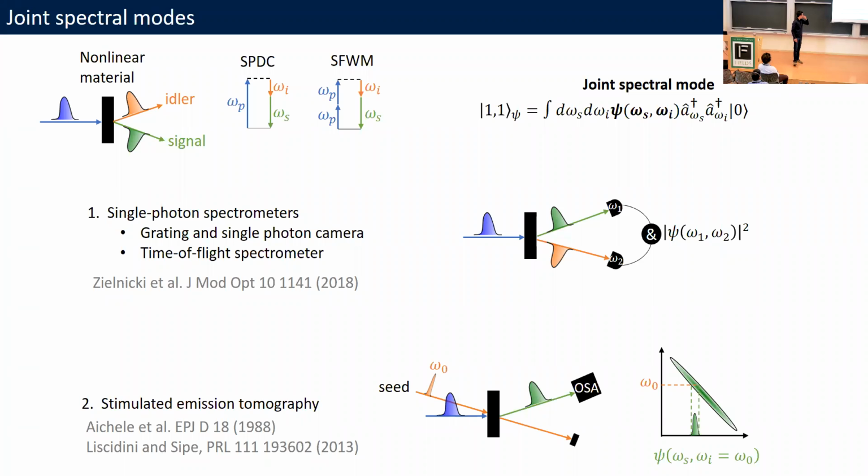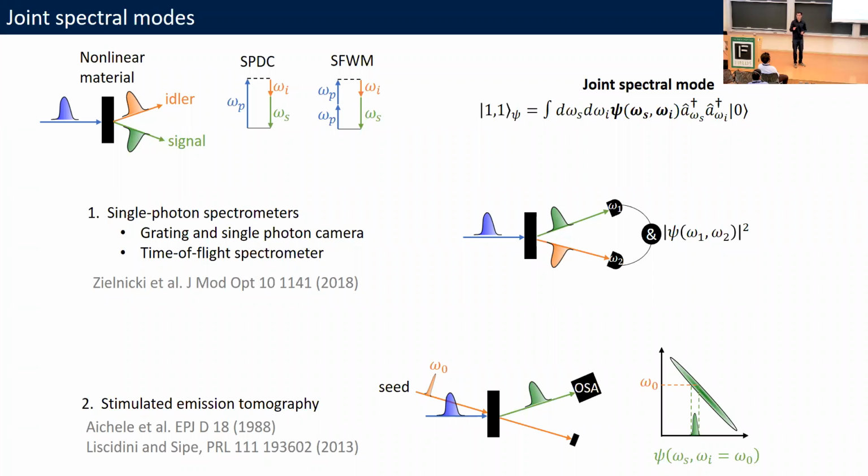Another very nice idea is called stimulated emission tomography. The idea here is that alongside the pump, you also couple a seed field into your downconversion crystal, or whatever is doing the nonlinear process. This has the action of stimulating the light generation, so you can also think of it as difference frequency generation. What you get in the green mode now is not spontaneously generated photons, but a relatively bright field in a coherent state.